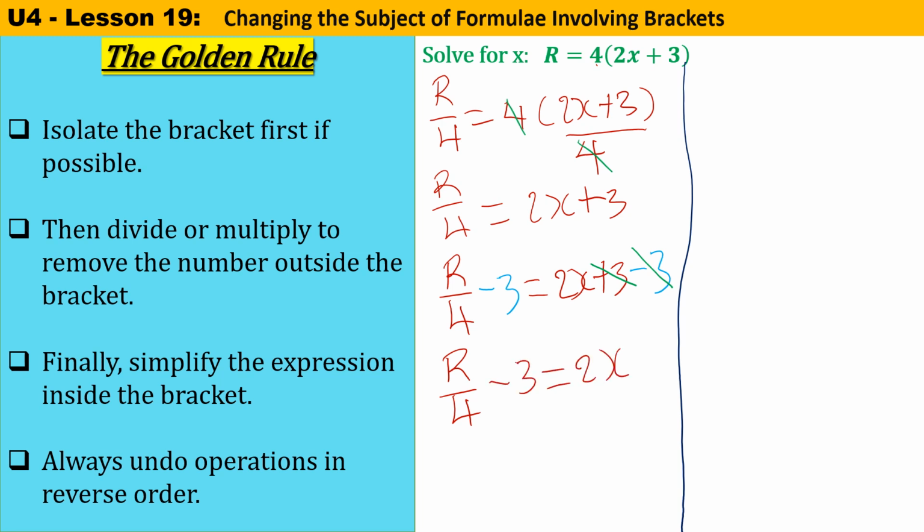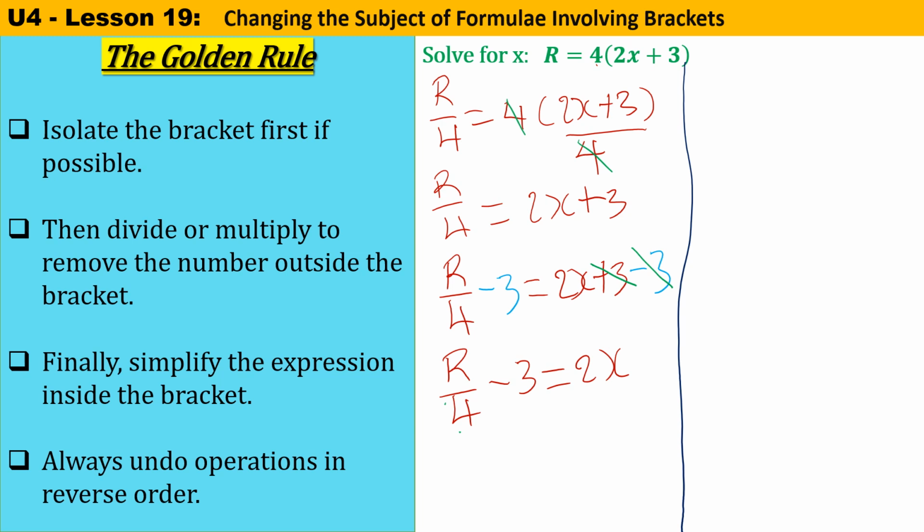We need to get x by itself. But before we do that, we need to take care of this 4 right here, because we would not want to have r over 4 minus 3 over, dividing by 2 again. So we are dividing by 4 here, so we're going to multiply both sides by 4.